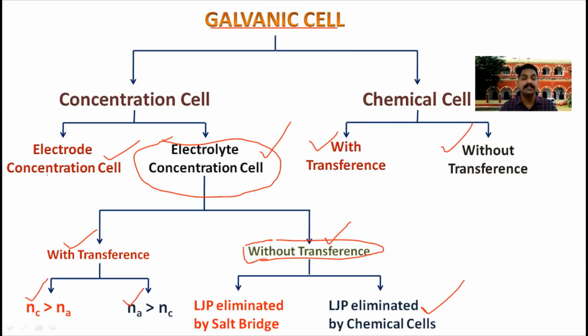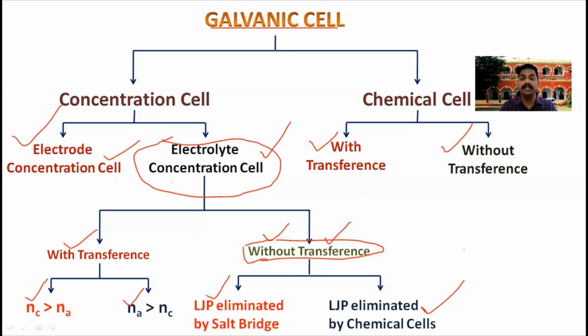In our previous class, we have already discussed the electrode concentration cells, and in case of electrolyte concentration cells, we have seen the electrolyte concentration cells without transference, in which LJP is eliminated by salt bridge.